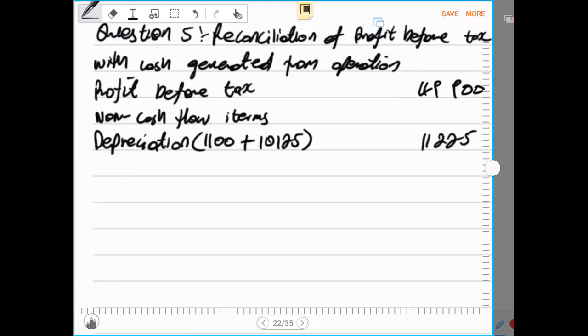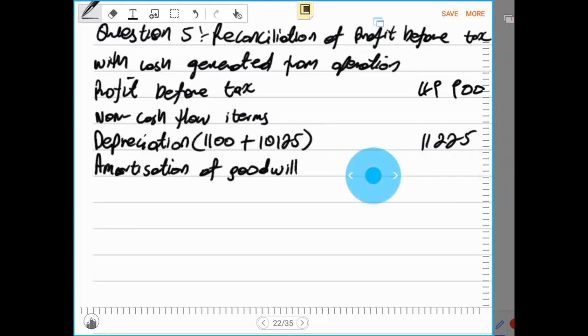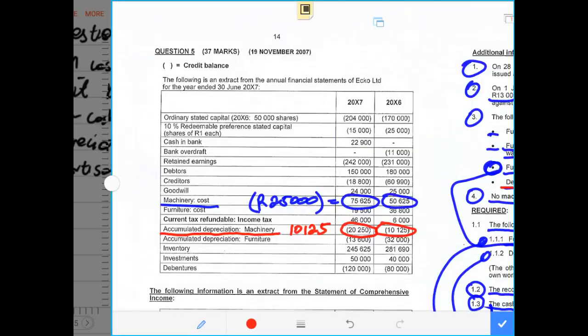Then after that we write amortization of goodwill. I did mention to you what amortization of goodwill is. Amortization of goodwill is the depreciation of an intangible asset. You can also write that as goodwill write-off, as they did write it. Our amortization of goodwill was given in the income statement.